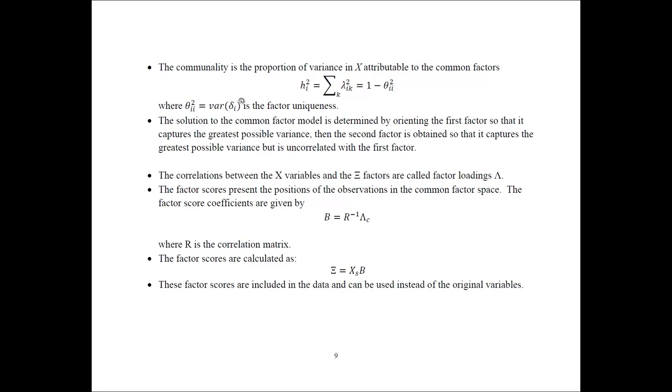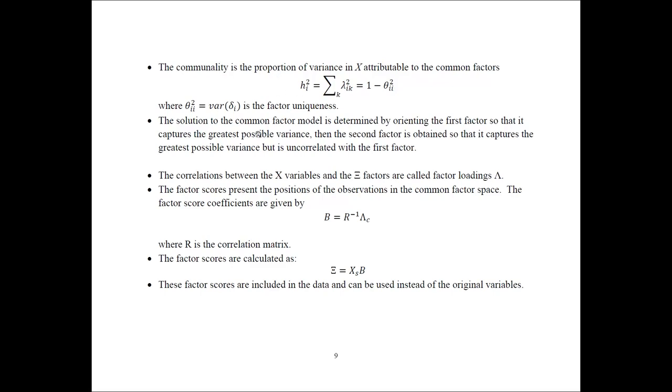This one represents the factor uniqueness, and in some of the examples we're going to see the factor uniqueness. 1 minus this is the communality. So basically we either have communality, which means part of the variation is attributable to a factor across all the variables, or there is just factor uniqueness that is based on a particular variable and not accounted for by the factors.